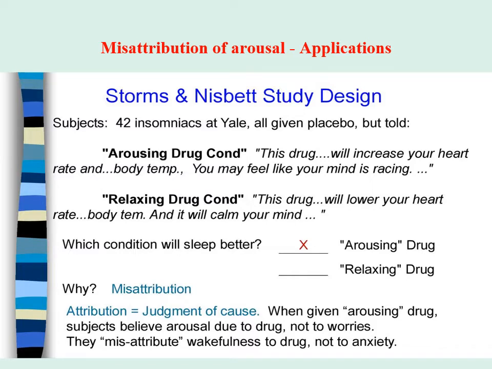In one condition, they were told that the pill is arousing. This drug will increase your heart rate and body temperature, and you may feel like your mind is racing. In the other condition, the other group was told that this is a relaxing drug. It will lower your heart rate and body temperature, and it will calm your mind.